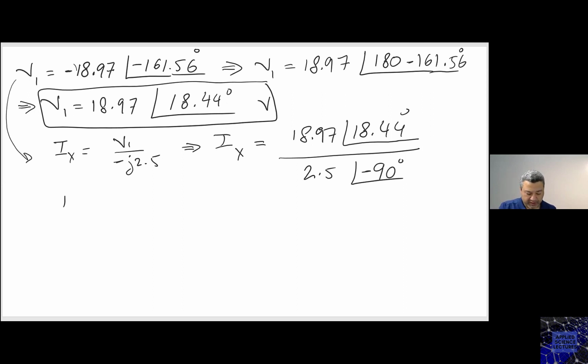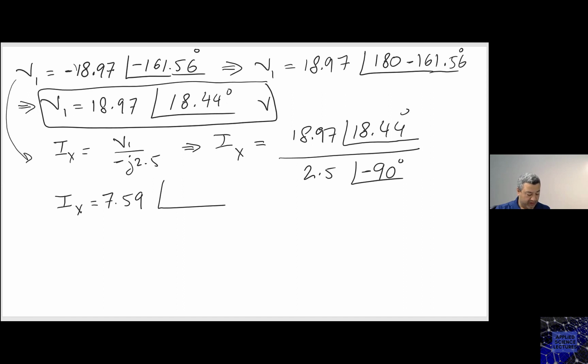So Ix is 18.97 divided by 2.5, which is 7.59. Now this minus 90 degrees, when it goes up, becomes positive 90.